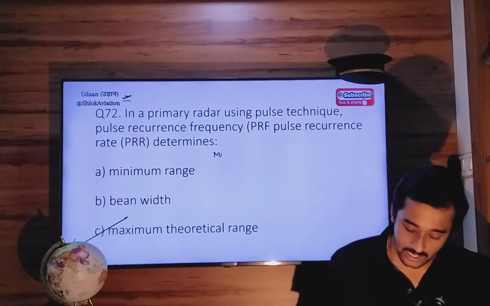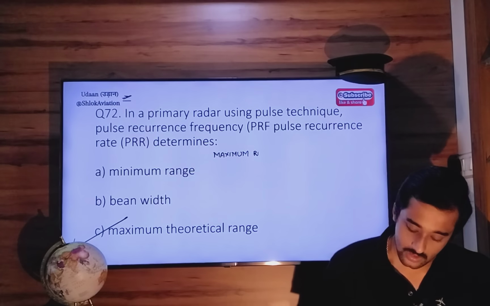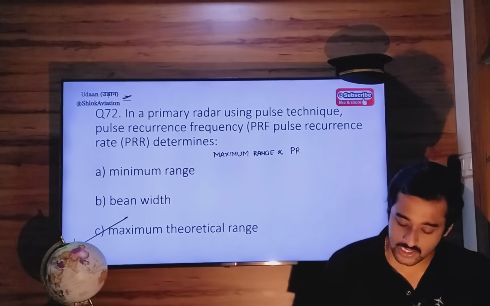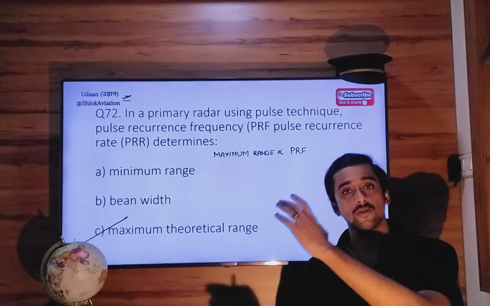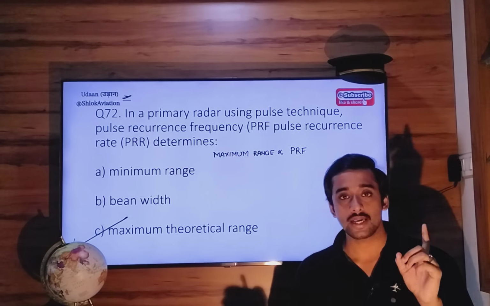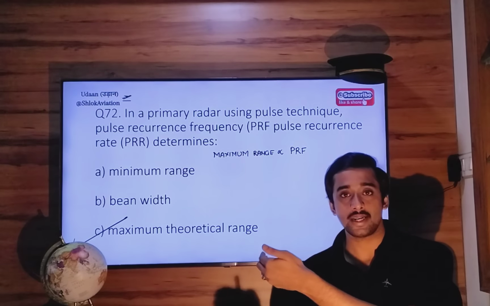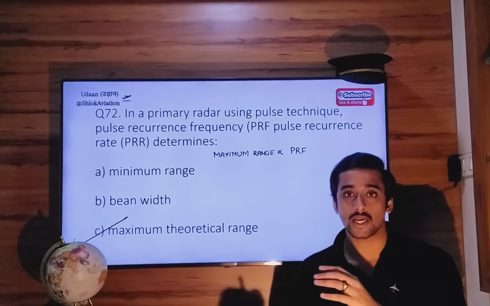The maximum range is inversely proportional to pulse recurrence frequency. That means whatever pulse you send in the direction of the target, you must wait till that pulse goes to the target, strikes the target, and gets reflected from it. After that, you are going to send another, new pulse.